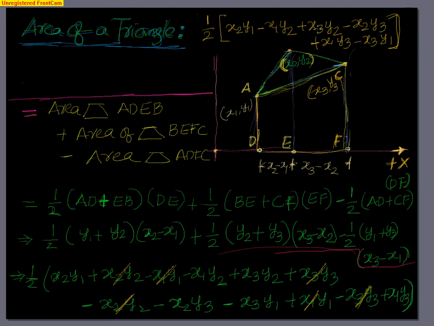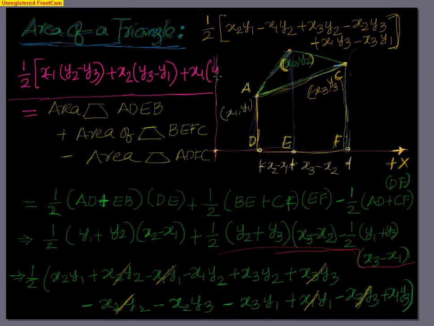So if I simplify this, this becomes half into x1 into y2 minus y3 plus x2 into y3 minus y1 plus x1 into y2 minus y3.